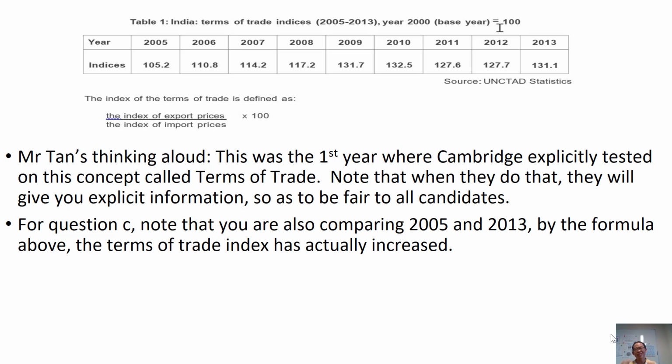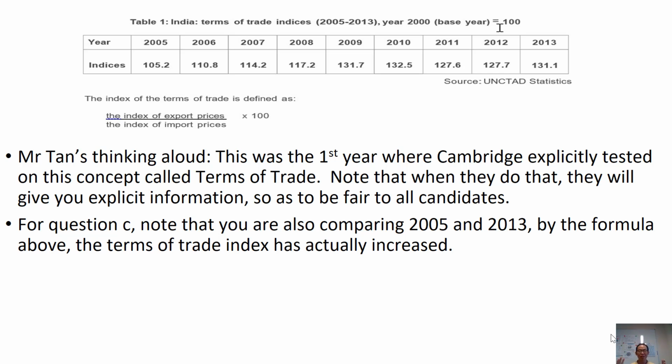Let me stress that in your coming A levels at the end of this year, sometimes you may get some new concept that probably in HCI we never taught you. You will not have been taught. Don't be too worried, because anytime they test something that not every junior college might explicitly teach in their classes, they will give you explicit information so as to be fair to every candidate.